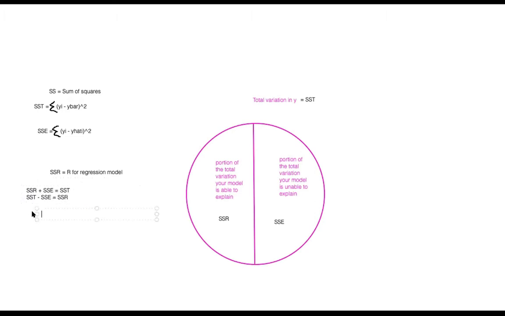So let me give you the formula for SSR as well. Don't worry, I'll give you the mathematical proof if you want it. SSR is simply this minus this.